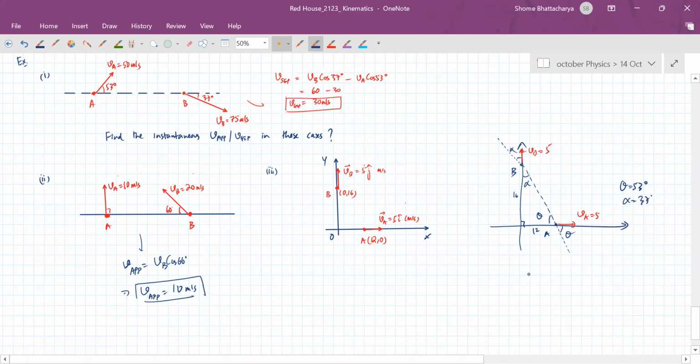So they'll have a separation velocity because now you can see that we just concentrate on A and B. This is the line joining them. They have velocities which both have components going away from this.